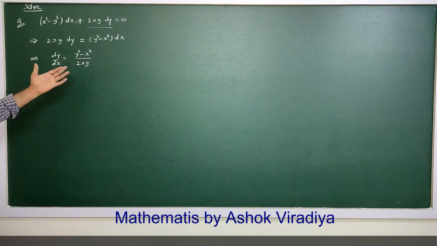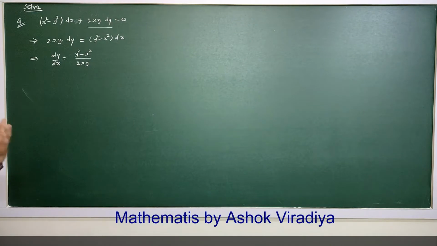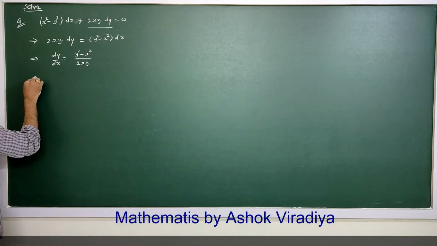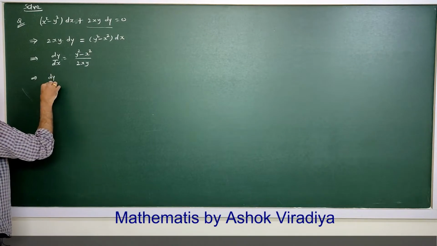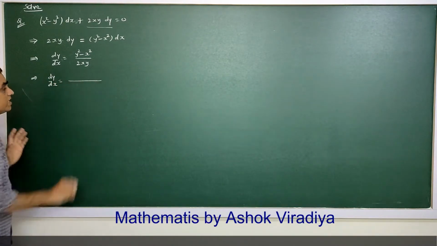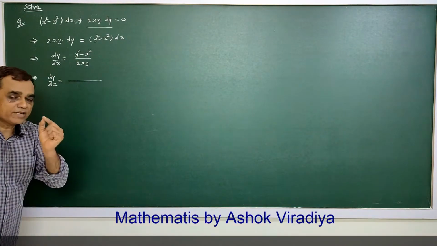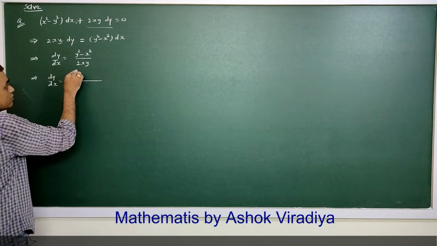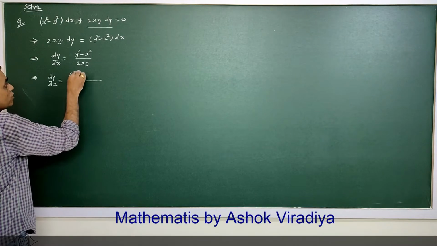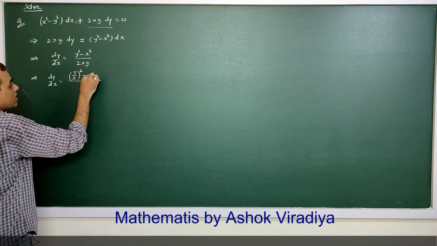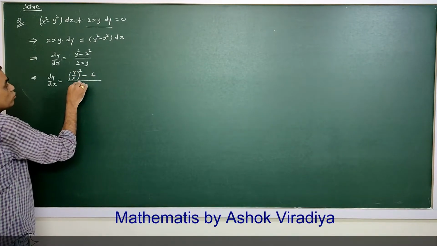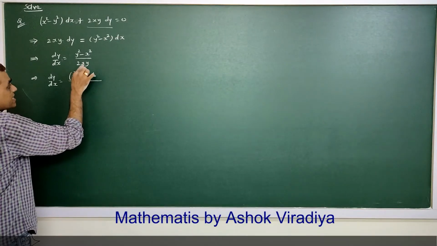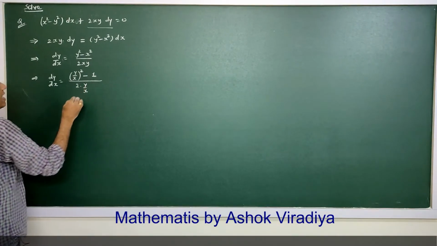The RHS can be converted into a function of y by x. So dy by dx is equal to, now see, numerator and denominator I am dividing by x square. Dividing by x square, this will be y by x whole square minus 1 upon 2 into y by x.